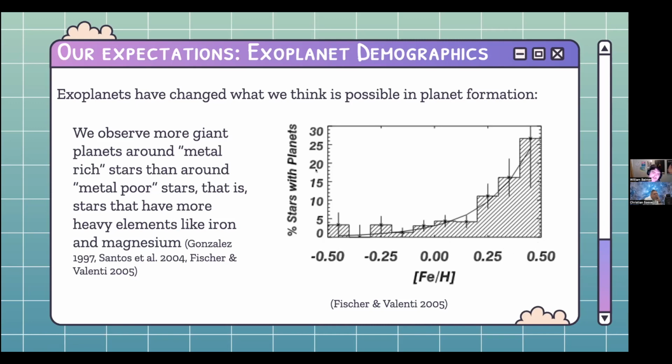You can see the number of stars with planets dramatically increases as you increase the number of metal atoms within that star. So this is, like I said, a nuanced and sort of strange thing, but it's something that we have to explain with our model, and we'll get to how we explain this later. And it is kind of intuitive when you learn about it.